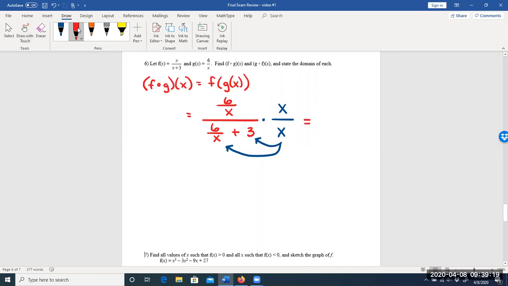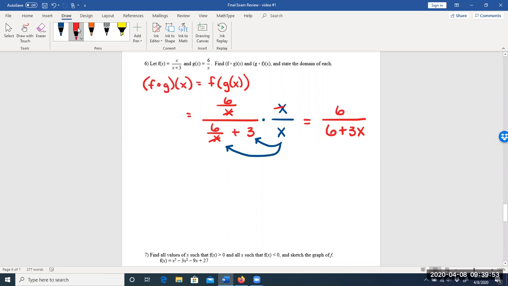So in the numerator, when you take 6 over x and you multiply times x, the x's will cancel and you just get 6. In the denominator, when you take 6 over x and multiply times x, the x cancels. X's cancel, we just get 6 again. But we also need to distribute the x to the 3, and we'll get 3x.